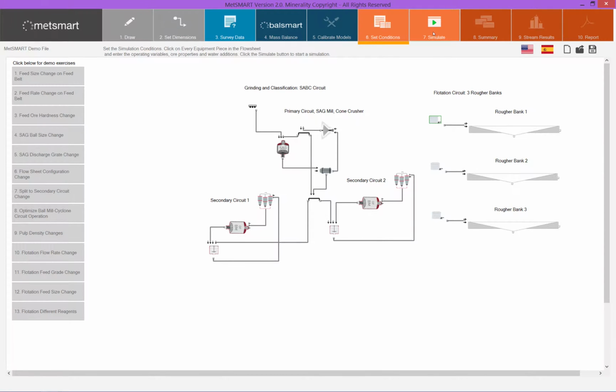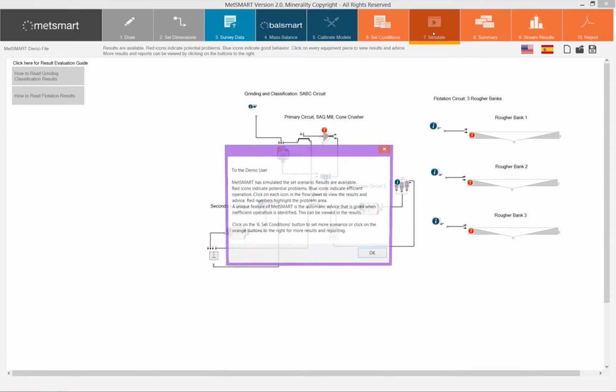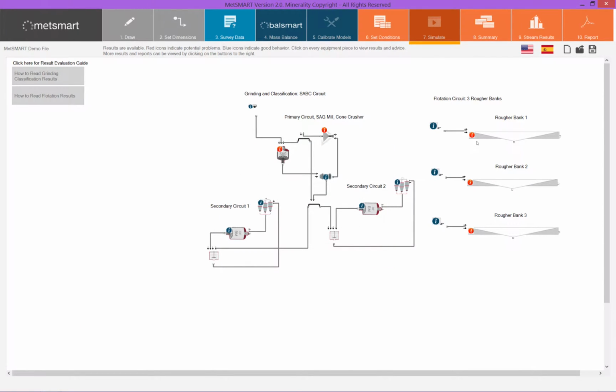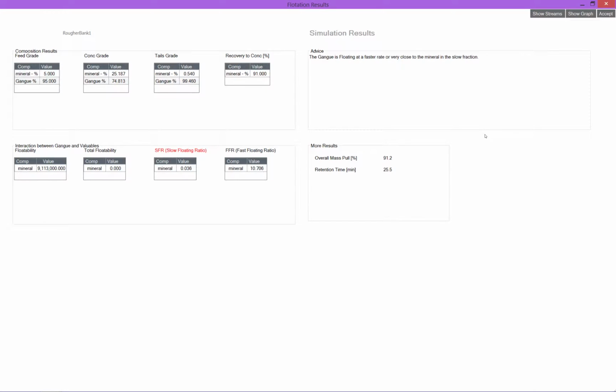If I do a simulation on this, the result says that my concentrate will have a grade of 25%. So this is a very good separation of the mineral from the gangue in the concentrate.